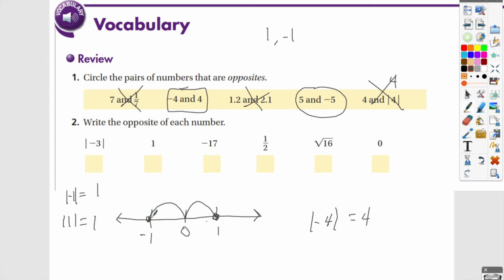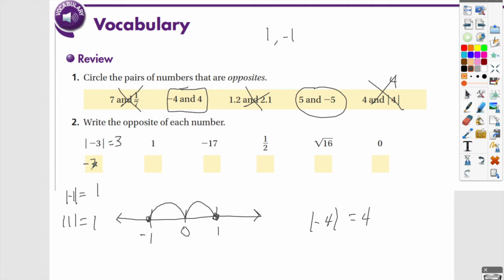Both of them have the same distance, and you can't refer to distance as a negative number. You can't go negative distance. It's just not possible. And yes, walking backwards isn't going negative distance. You're just going a distance away from where you started. You're just walking backwards.